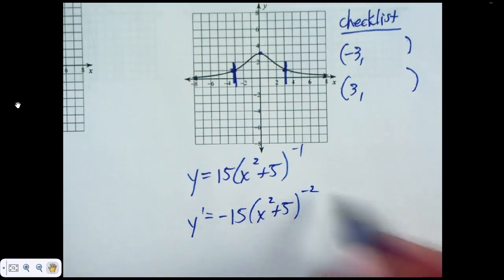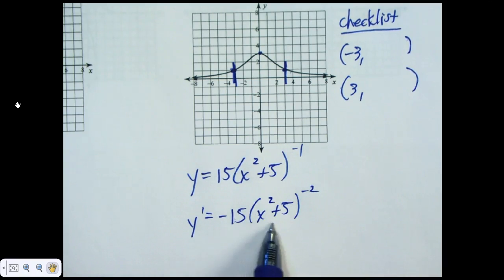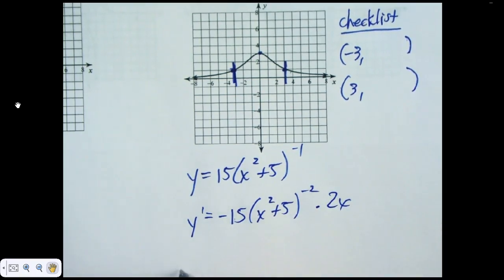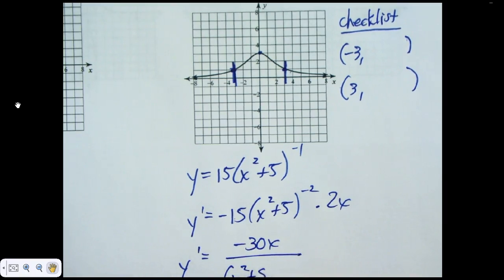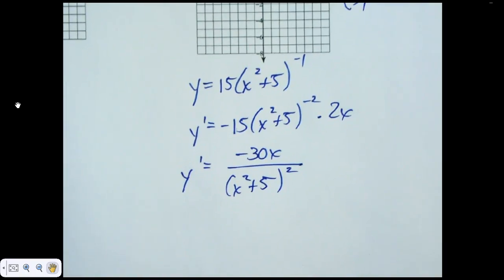use your calculator. But I'm just going to use chain rule, bring down the -1 times the 15, reduce the power by 1, and then multiply by the derivative of the inside. So that's -30x on top, and x squared plus 5 squared on the bottom.